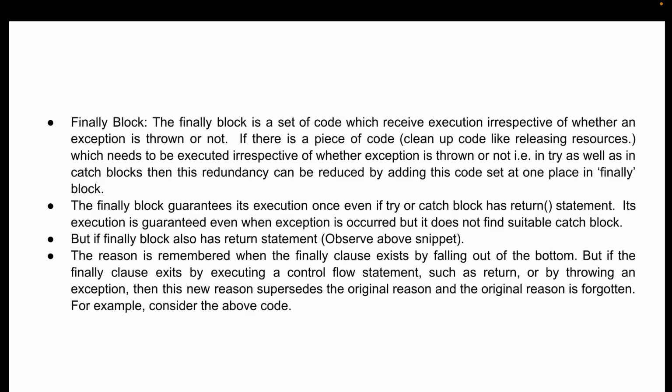But if the finally block also has a return statement, observe the reason is remembered when the finally clause exits by falling out of the bottom, but if the finally clause exits by executing a control flow statement such as a return or by throwing an exception, then this reason supersedes the original reason and the original reason is forgotten.